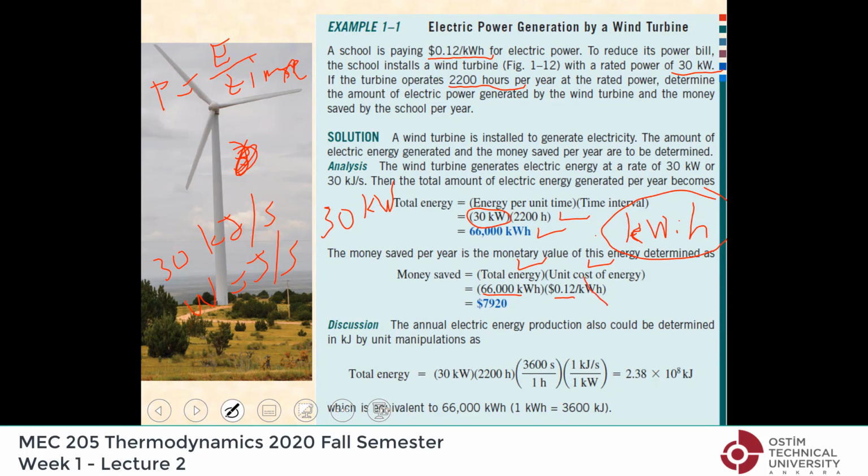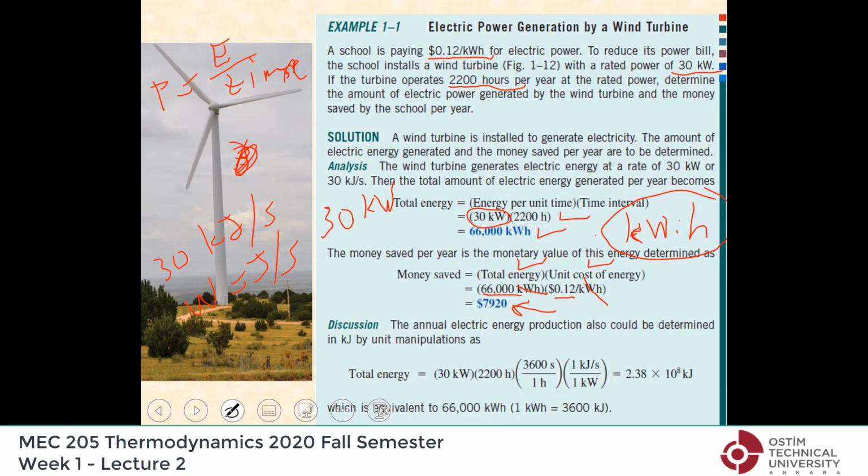Do the cancellations, kilowatt hour, they cancel. What do we get? Dollars, how many dollars? $7,920. So the school will save almost $8,000 as a result of installing this wind turbine every year.